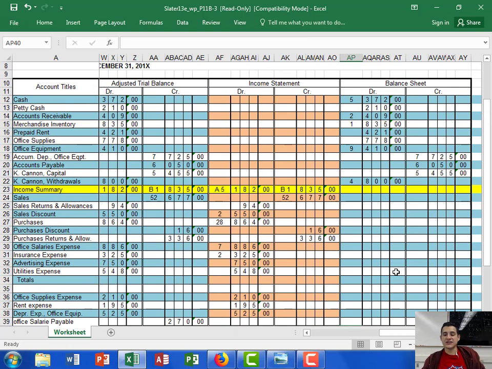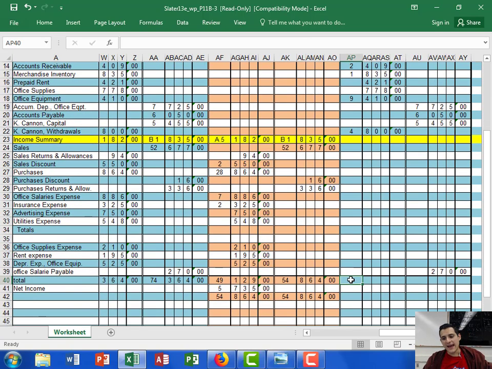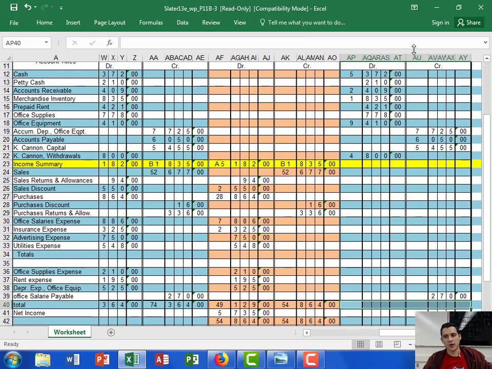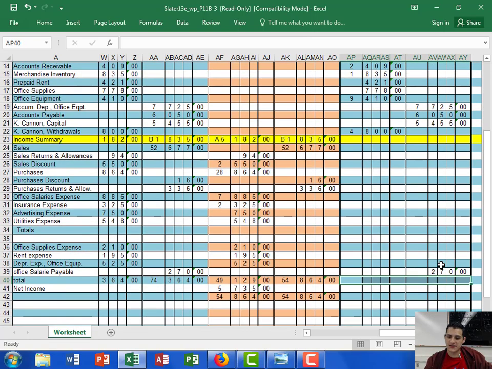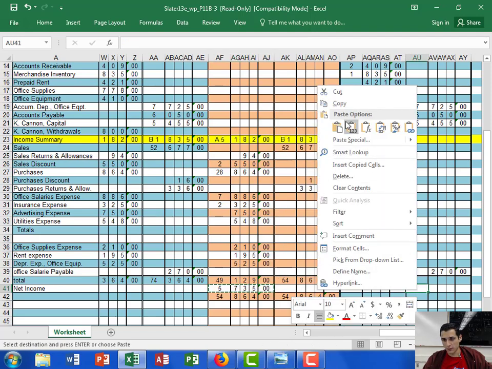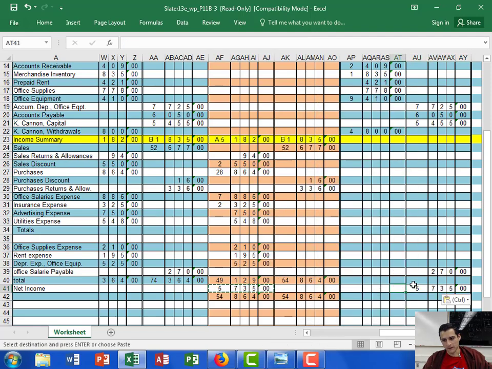Now, in addition, you're not going to balance out on your balance sheet on the worksheet yet when you get to here. You're going to have a smaller number on the credit side because the worksheet requires you to move your net income over into that balance sheet as well. And once you do that, both your debits and credits on the worksheet balance sheet should balance.